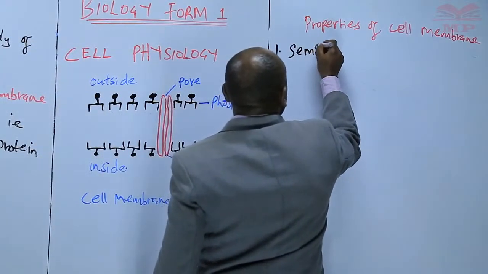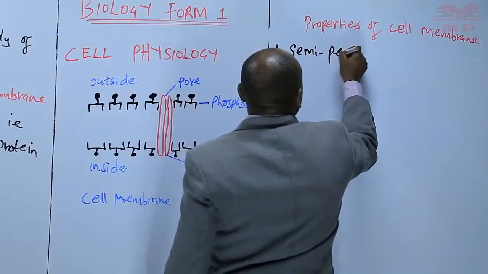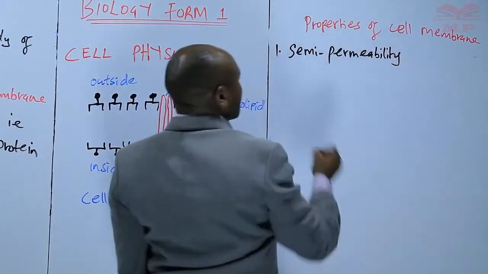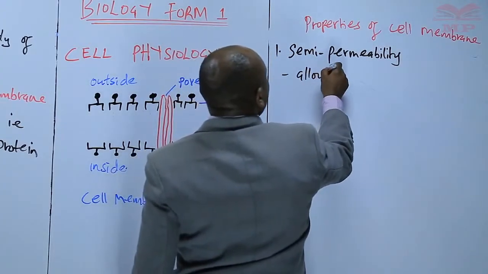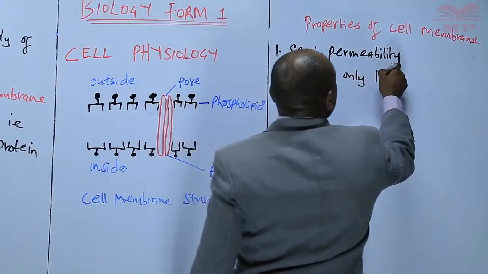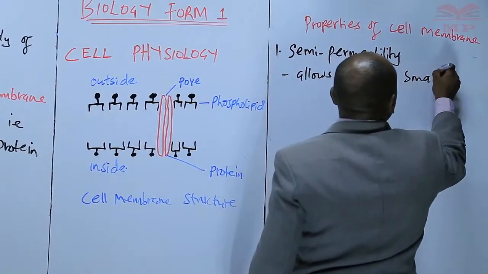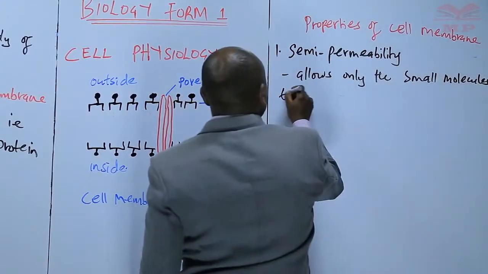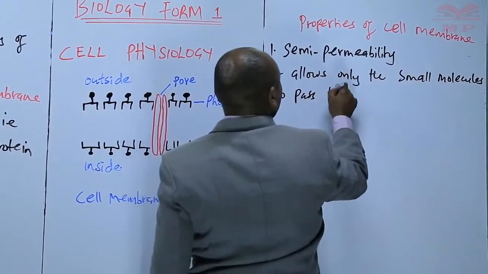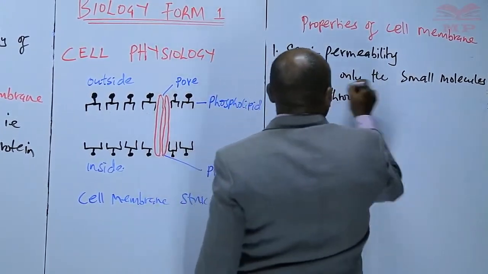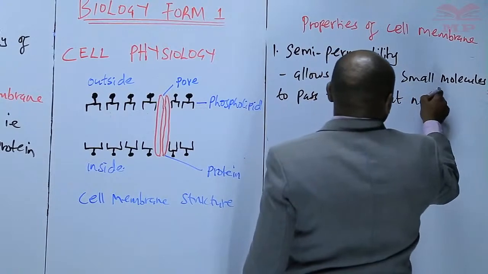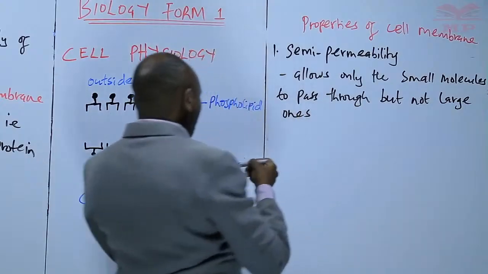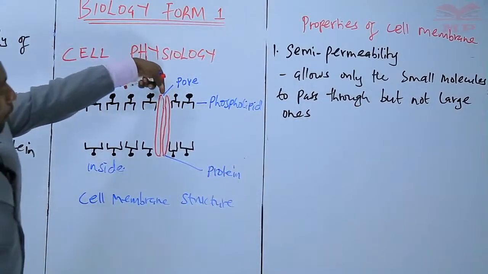The cell membrane has what is called semi-permeability. And that means that it allows only the small molecules to pass through, but not large ones. So it's only allowing the small molecules to pass through the pore.